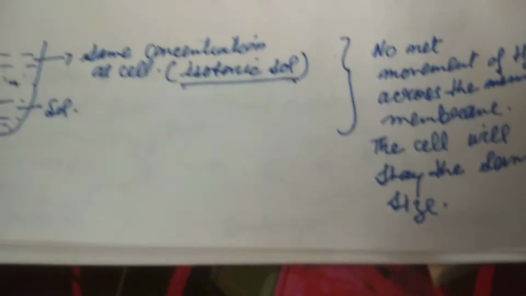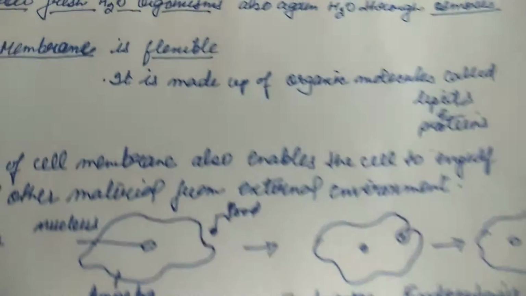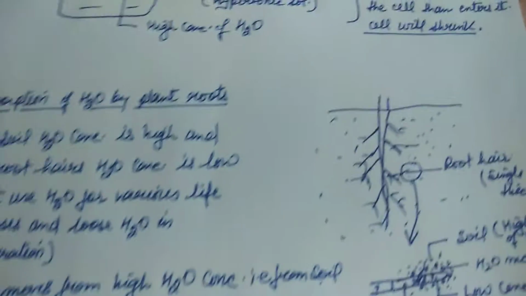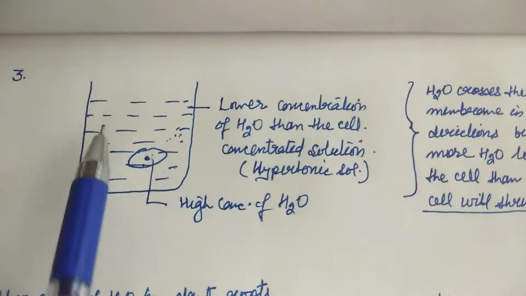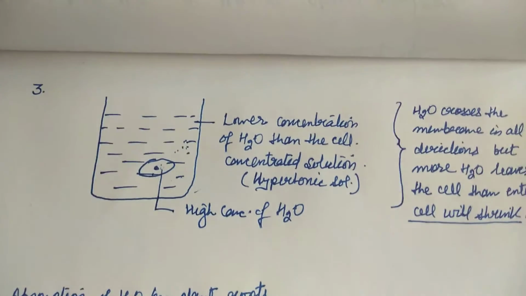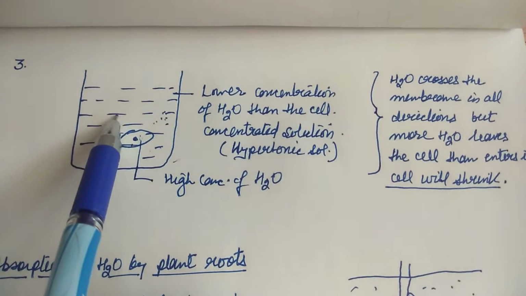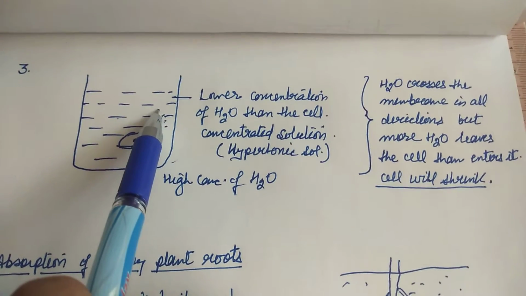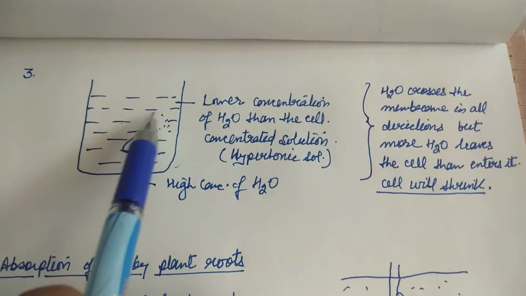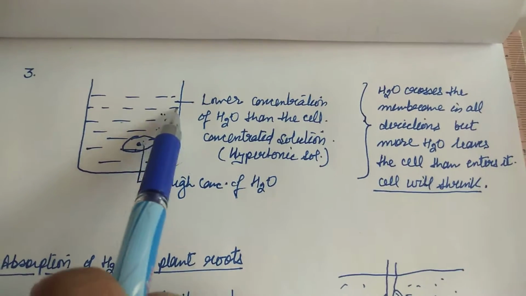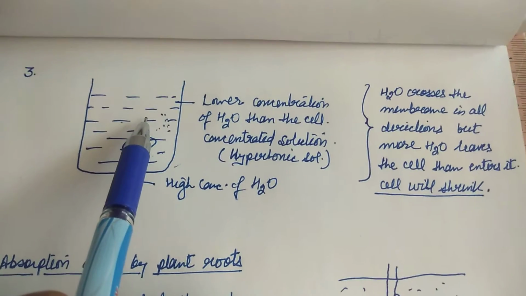Right? So one more case we have taken. In this case we have taken again a solution. Here the solution is of lower water concentration than that of the cell. So water molecules are fewer, which means we have added more salt or sugar in this.